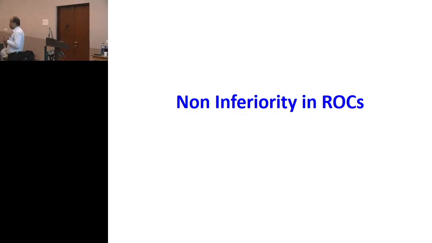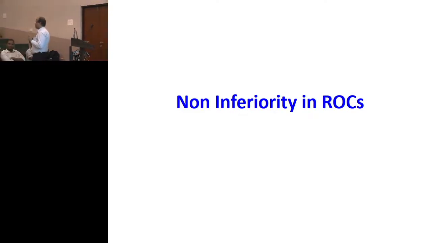But if you have an a priori question that one is expected to be as good as the other, non-inferior to the other, because I know for sure test B is inferior in terms of sensitivity or specificity or AUC, but I still want to go for it because there are other benefits, cheaper and so on, then you bring a non-inferiority concept into the comparison of ROC curves, which we do in clinical trials.